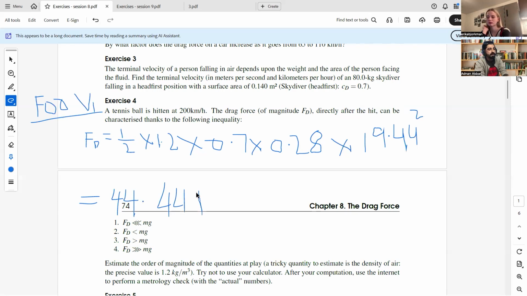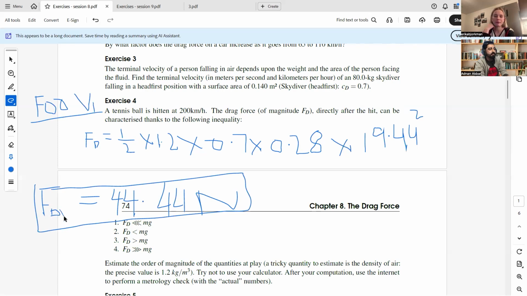So it is the drag force of the Toyota vehicle traveling with the velocity V1, which is 19.44 squared. So FD for the first vehicle, Toyota, is FD1 equals 44.44 Newton.